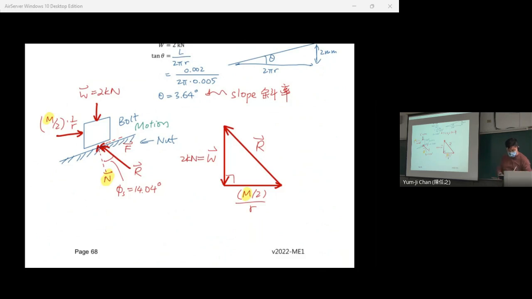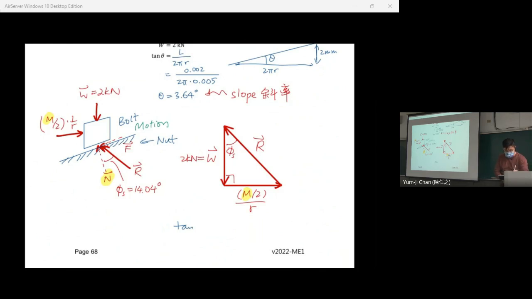So M is equal to what? Phi S is here. So what we know is tangent.